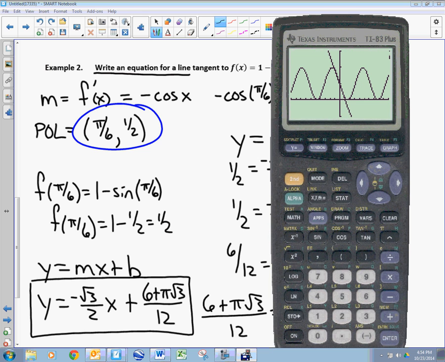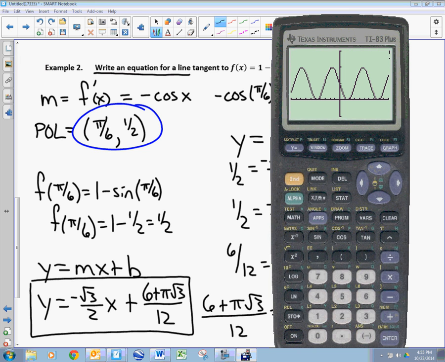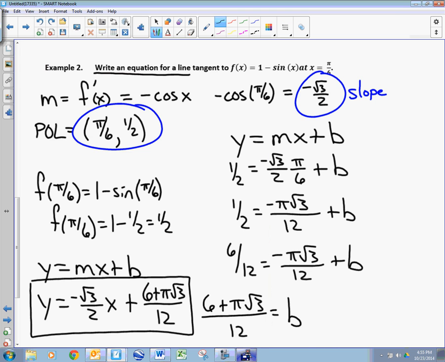Oh, that's nice. Look at that. It's a nice tangent line. Draw it again for you. Put it in bold. Very nice tangent line. So, confirm that my answer is correct by graphing it. That will take care of our issues.